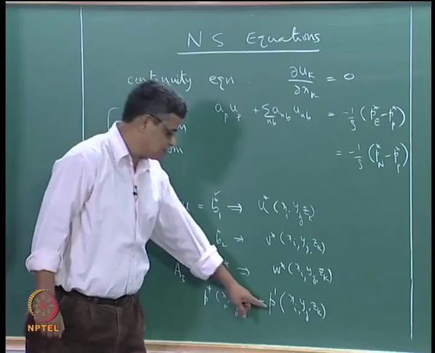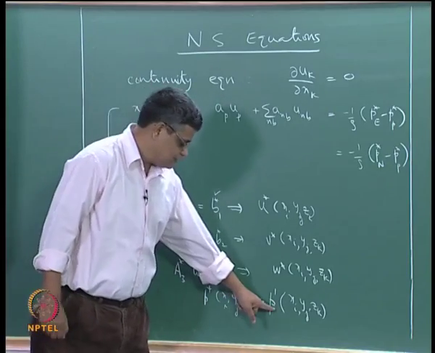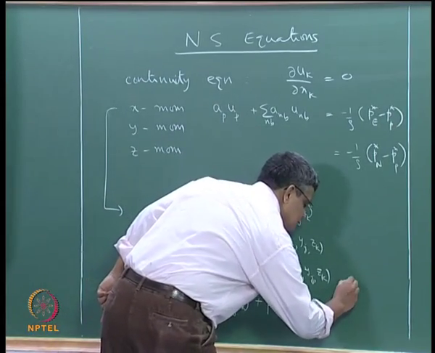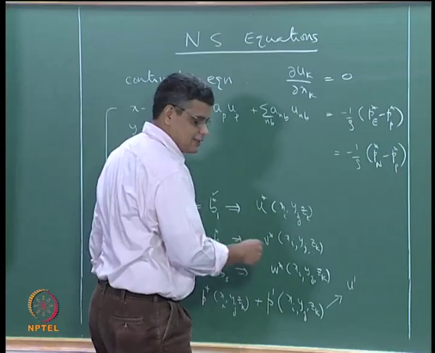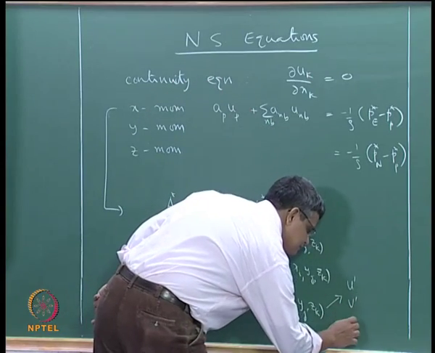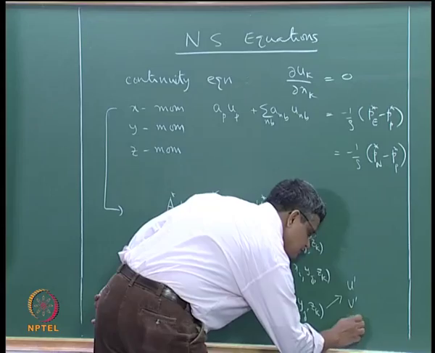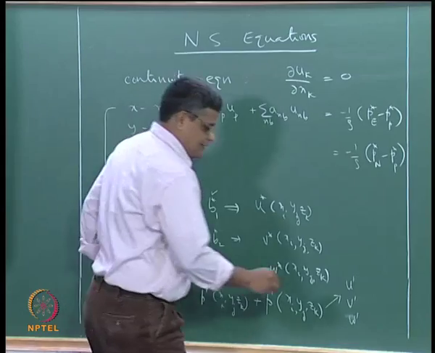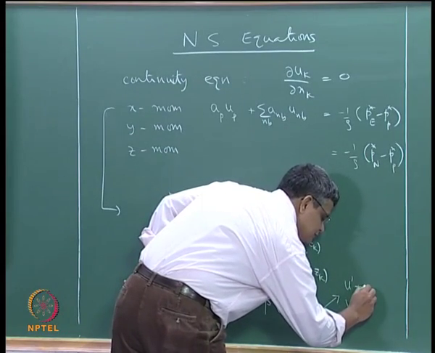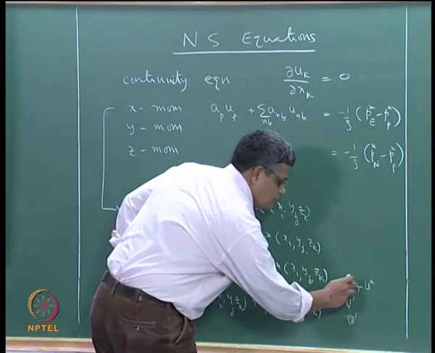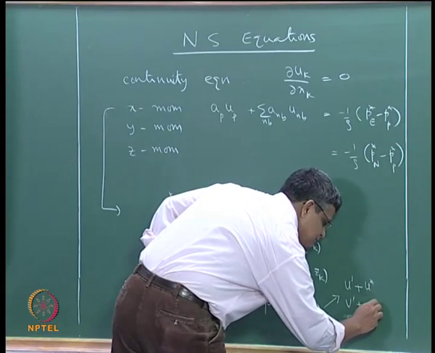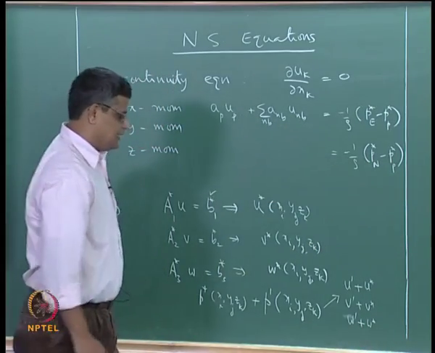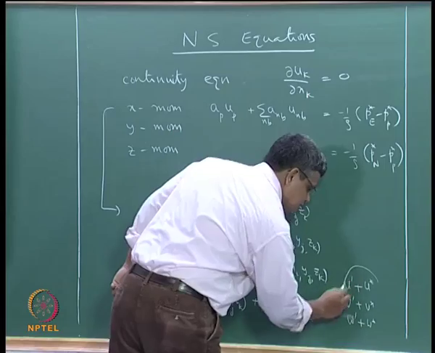Okay, we want to introduce this pressure correction in such a way that it introduces velocity corrections in the three velocity components, u prime, v prime, w prime, such that the new velocity field, that is u prime plus u star, v prime plus v star, w prime plus w star, satisfies the continuity equation.